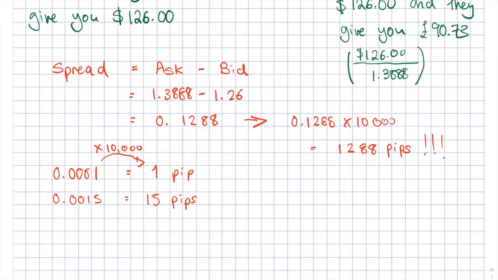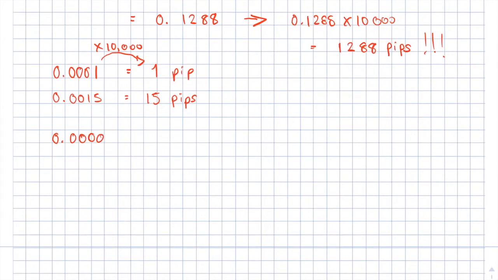And another thing I would like to say is there is something else called a pipette, and a pipette is 1/10 of a pip. So 10 pipettes is equal to 1 pip, or 0.00001 of an exchange rate is equal to 1 pipette. And why is this useful?